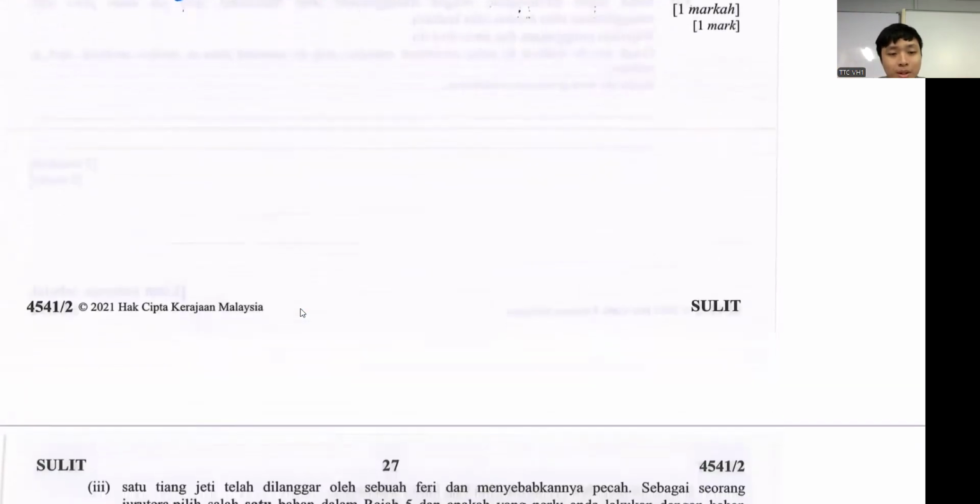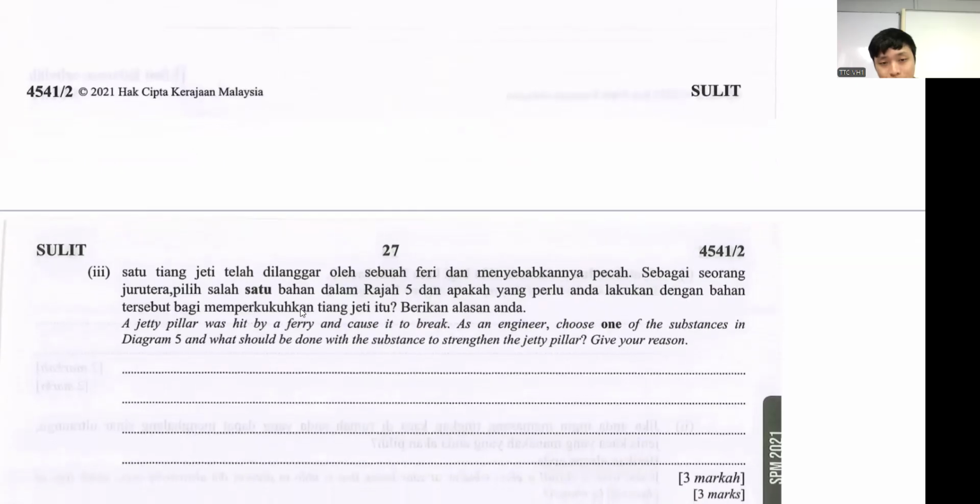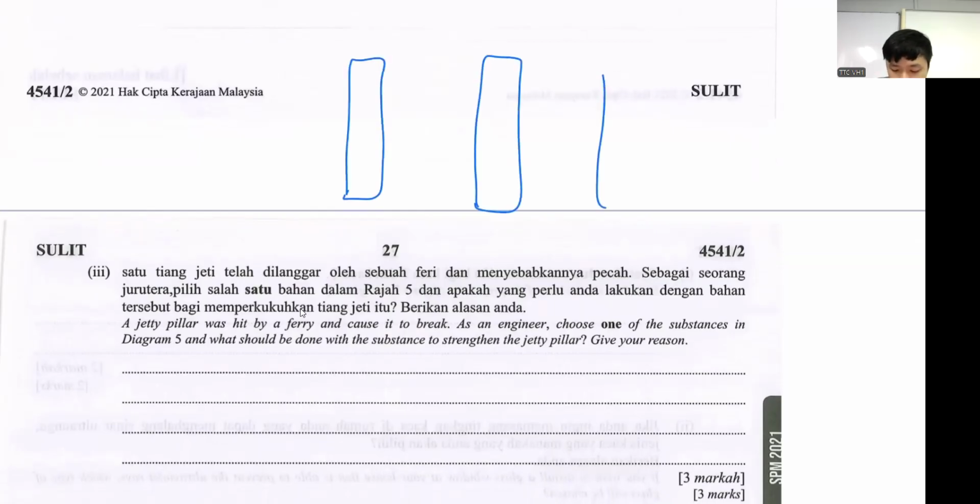It can withstand it. Next, a jetty pillar was hit by a ferry and caused it to break. As an engineer, choose one of the substances in diagram 5 and say what should be done with the substance to strengthen the jetty pillar. Give your reason. So let's say this is a pillar, a lot of pillars.